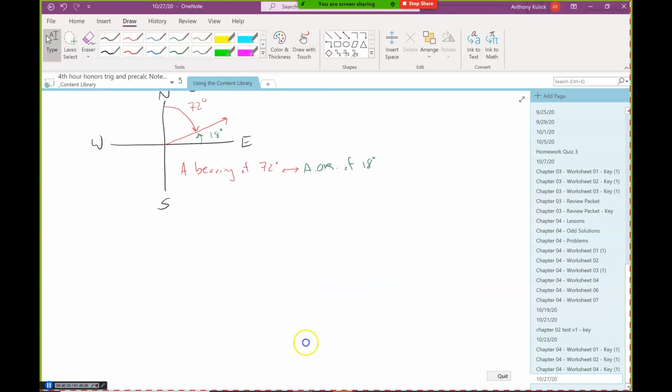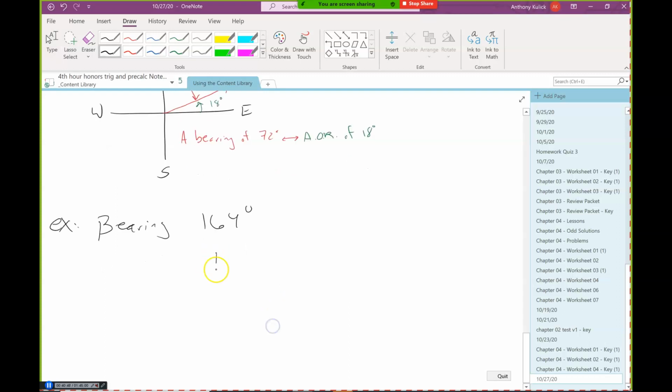So our bearing is going to start at north and go clockwise. 90 degrees is to here. And then we have 7, so it's going to be over here somewhere. Everybody agree with that? Now to get my angle of rotation, that's 90, that's 180, that's 270, and then this little piece more.